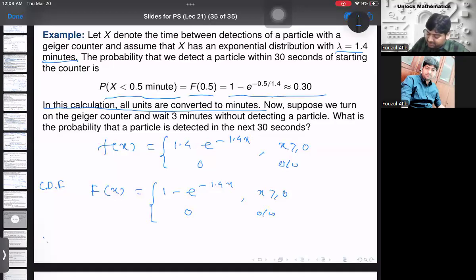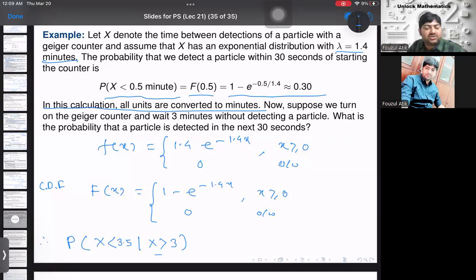Therefore we have to find this quantity: the probability of X, given that up to 3 minutes you have not detected a particle, so X is already greater than 3. And then you have to find that the particle is detected within the next 30 seconds, so 3 minutes plus the next 30 seconds. So the probability that you get the success in less than 3.5 minutes, given that up to 3 minutes you have not detected the particle. So this conditional probability you have to find.